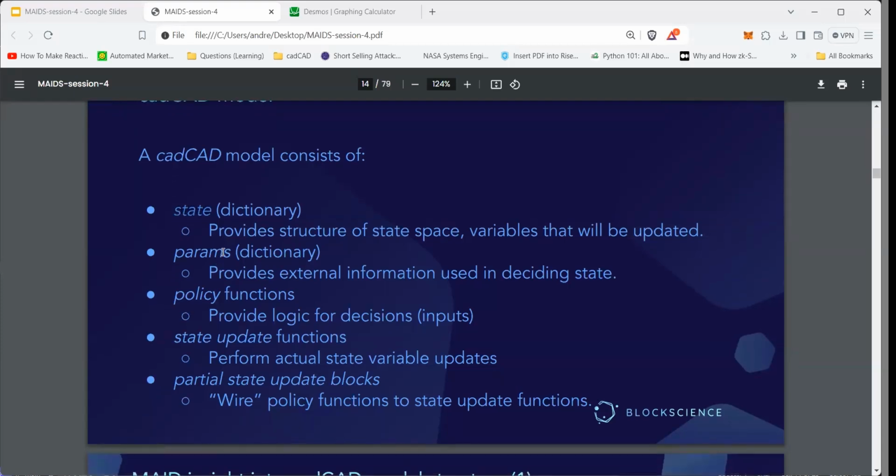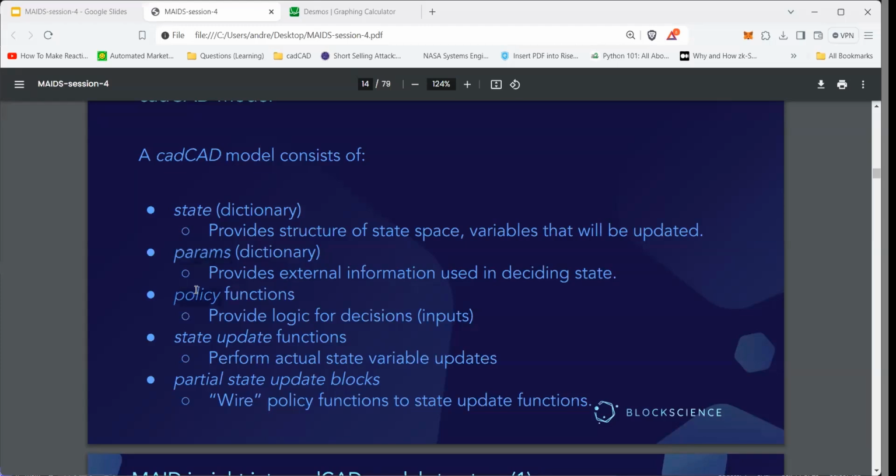But we have a state, which tells us the variables that will be updated, the parameters, which are the external information about the system that's set prior to the system beginning operation or the simulation beginning computing.